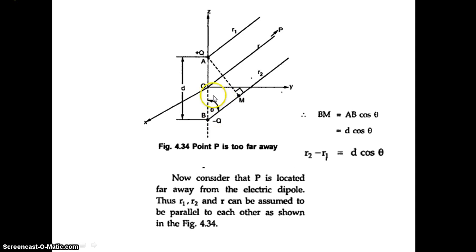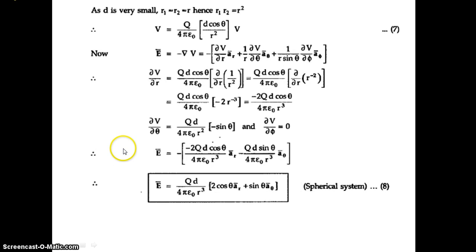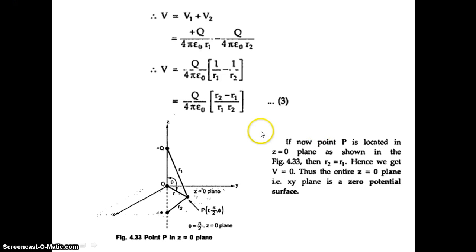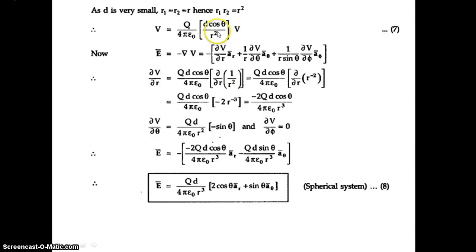BM equals AB cos theta, where the angle is theta, and AB equals d. So the path difference R2 minus R1 equals d cos theta. Also, R1 equals R2 equals R, since it is at infinite distance, so in the denominator we have R square.